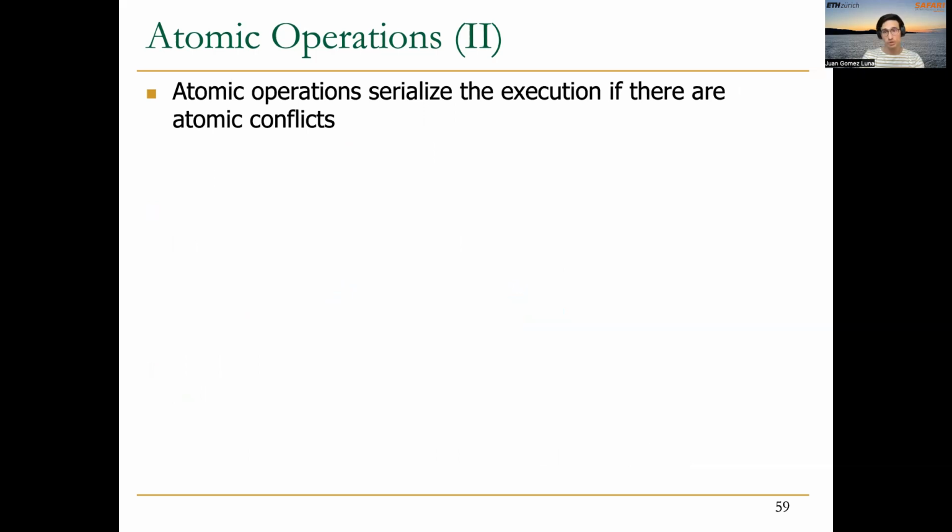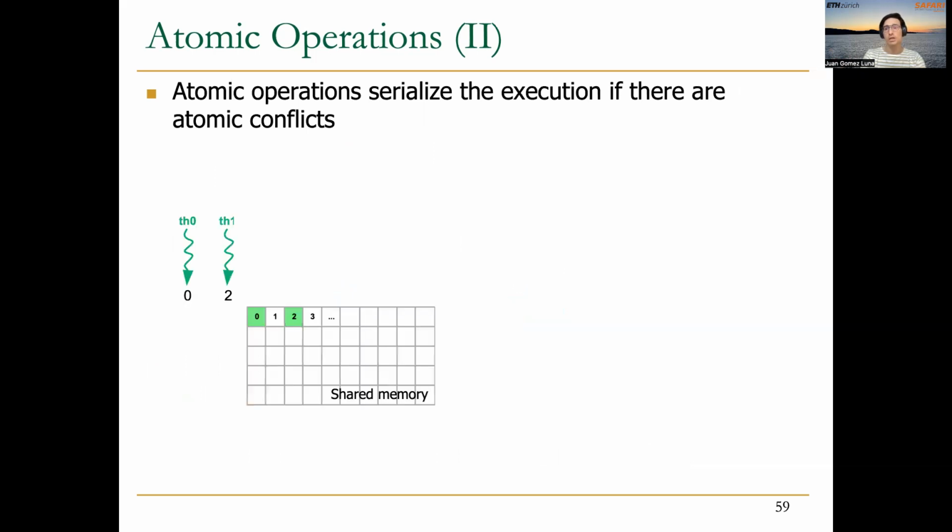Atomic operations are very useful whenever we need concurrent accesses from different threads running at the same time to data structures, but they have the problem of serialized execution.